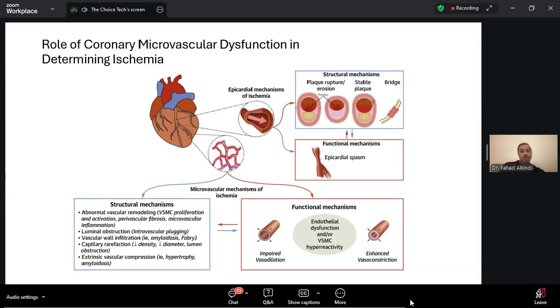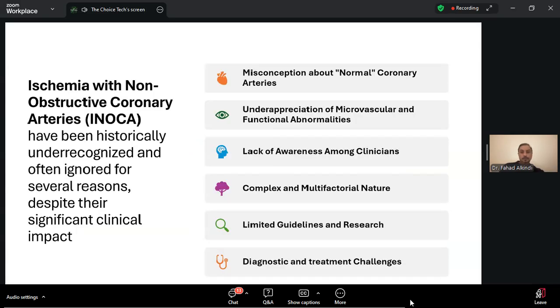Microvascular dysfunction can also be of a structural mechanism, like abnormal vascular remodeling secondary to LVH in hypertension, or because of extensive vascular compression. And this, of course, can lead to symptoms similar to what our patient presented.